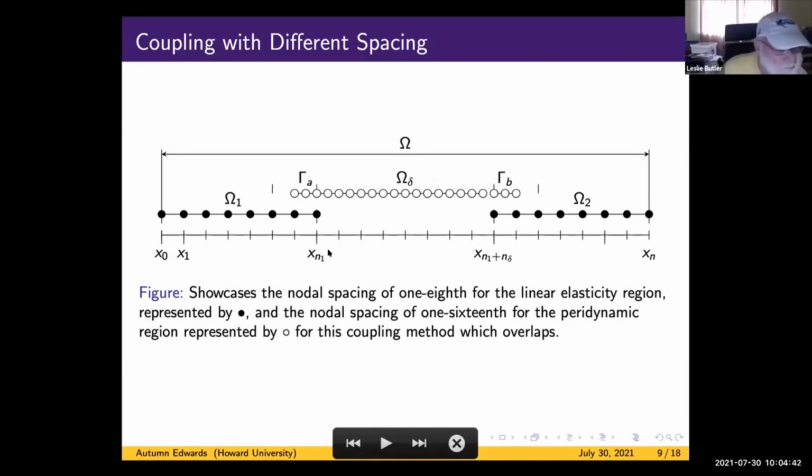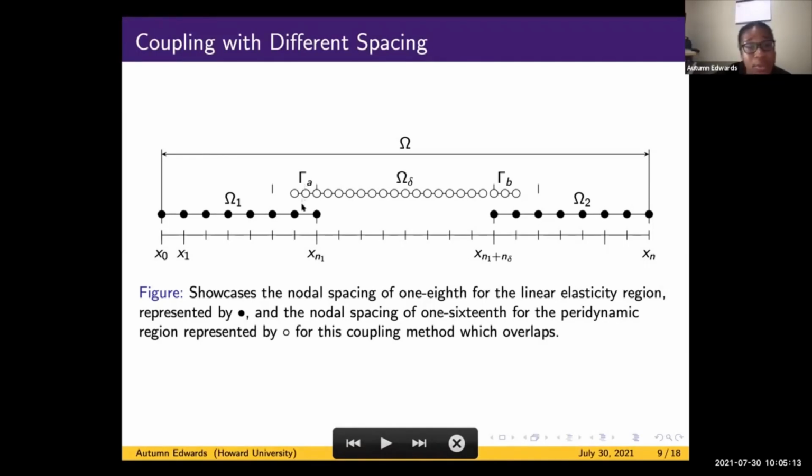So what I said before, coupling where we match our displacements: right here in the overlap region where the peridynamic has overlapped into the linear elasticity area, we match our displacements, these points are both matching. And what I was doing, this point does not have a matching displacement, so we would do an interpolation. I did linear interpolation, I also did quadratic interpolation.